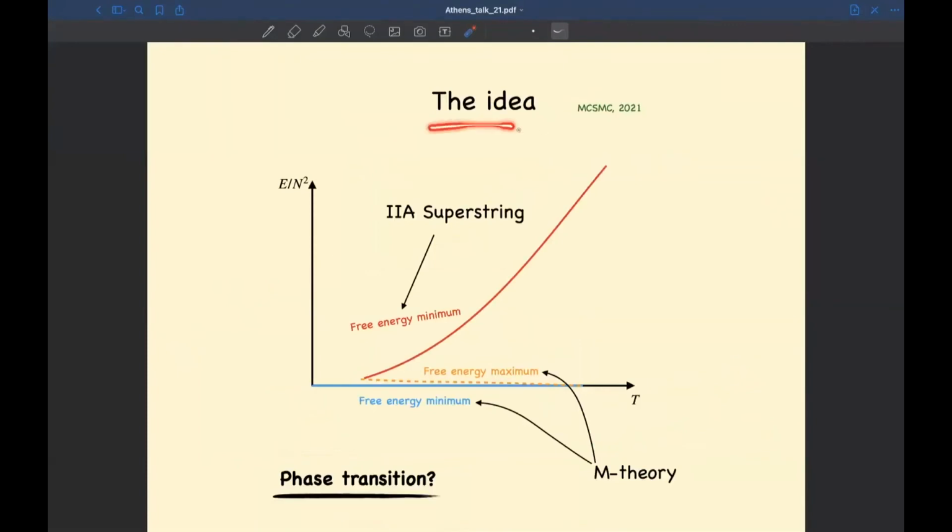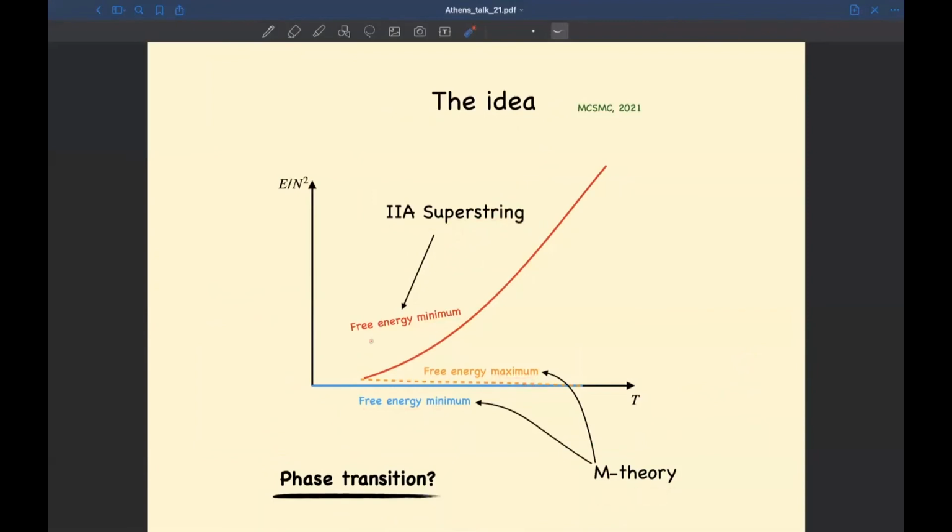Our proposal is that the deconfined phase is exclusively in the type 2A superstring, and it is a minimum of the free energy, while the minimum of the free energy related to the confined phase and the maximum related to the phase separating belong to M theory.